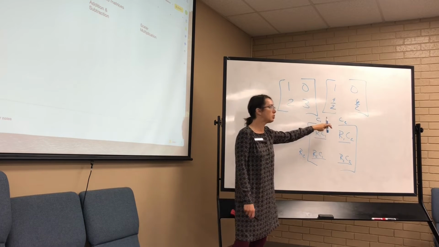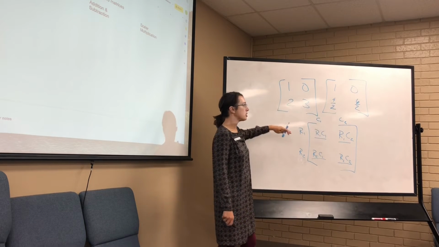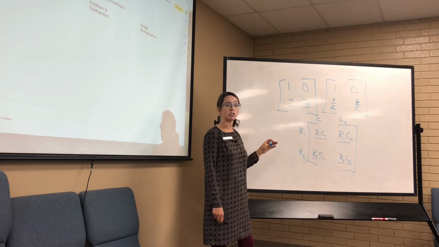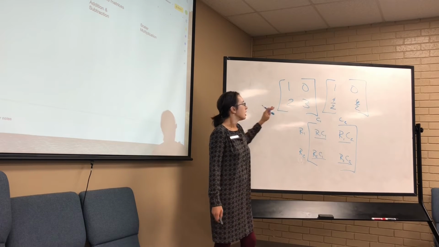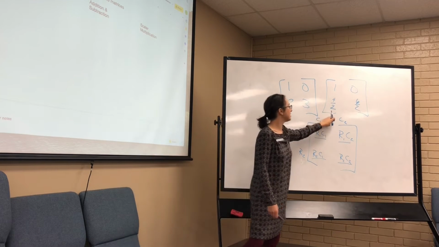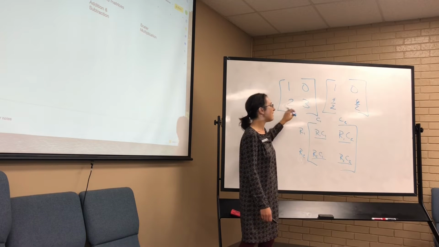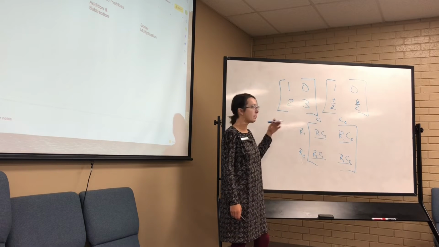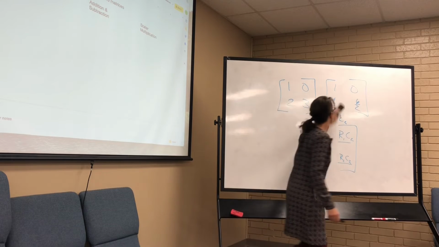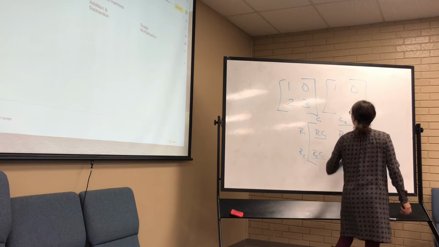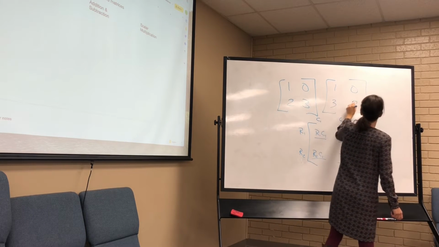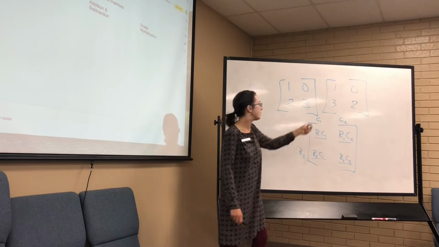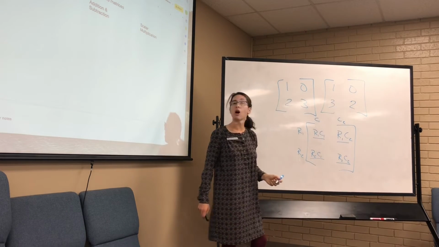One might have decimals, the other might have fractions, another one might have integers in it. So as long as the number or the value comes out exactly the same, then they are equal. If they are flip-flopped, where they have the same numbers, but they are in different spaces, they are not equal.